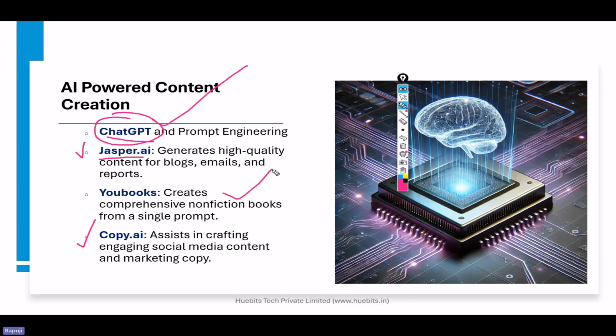Suppose you want to create an ebook. Generally, to write a 50-page book, you need a lot of time, but you can do it in 3 minutes. How to create a book in 3 minutes? Suppose you are a professor from management and you want to create a book on AI for hotel management and release it in your college. You can do it in 3 minutes and release it.